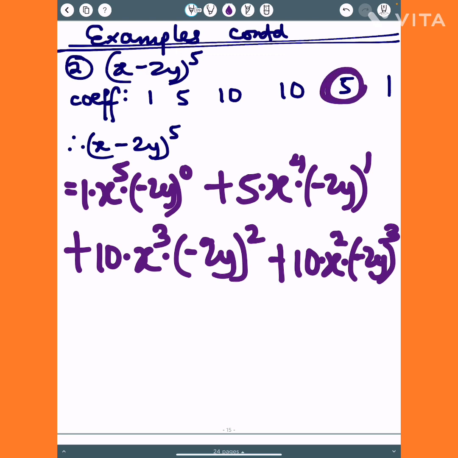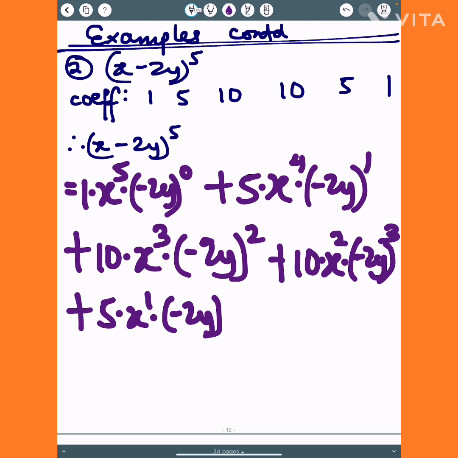My fifth term is next now. I've done the first, second, third, and fourth terms. For my fifth term, I'll take the coefficient, which is 5. Write x raised to power 1 now, times minus 2y raised to power 4.